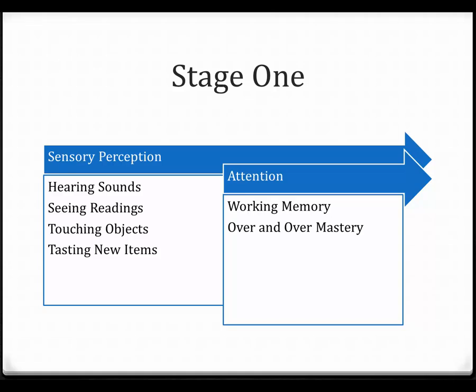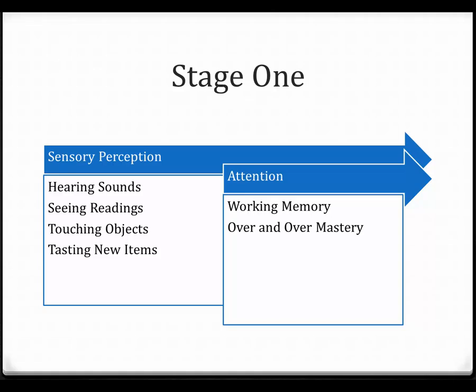And also, when you're thinking about teaching children, you've got to consistently present sounds and readings and touchings and tastings and allow those opportunities, because what did we say? It's the sensory perception that kicks it over into the storage, the memory storage, which is our working memory.